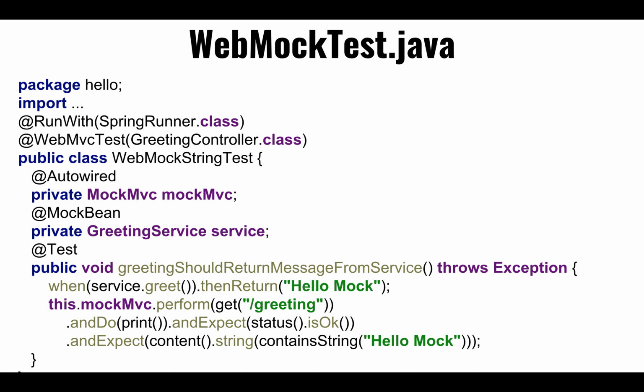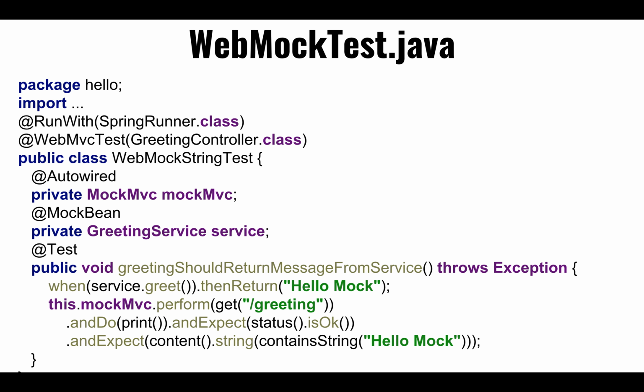So here's our test. And notice what it's doing. It's going out and using our service. First, we're trying it out by actually going out to the service to see what it returns. Here's what we're configuring.